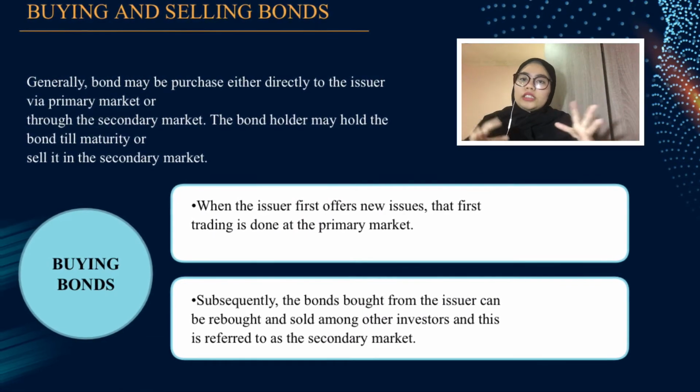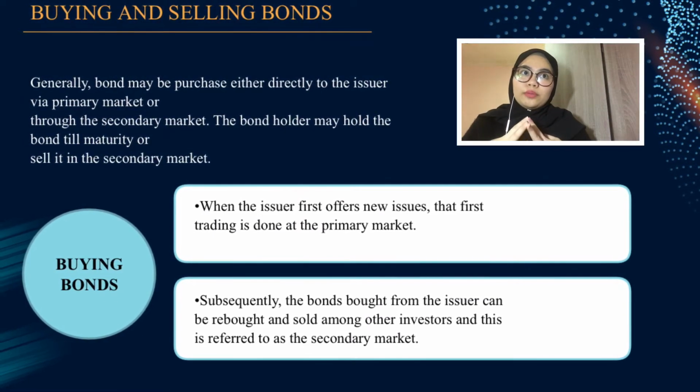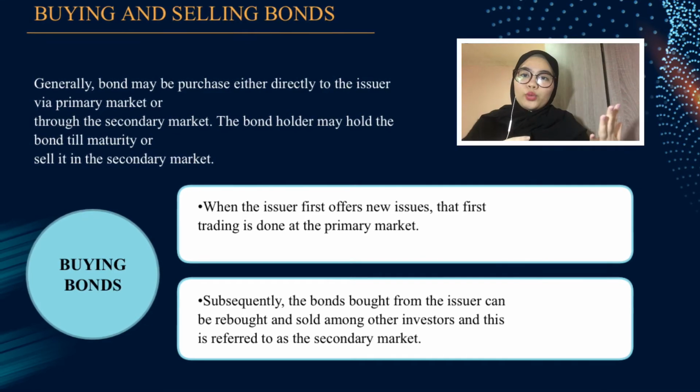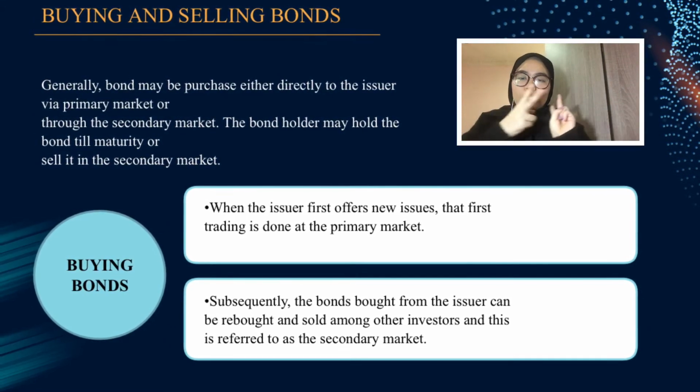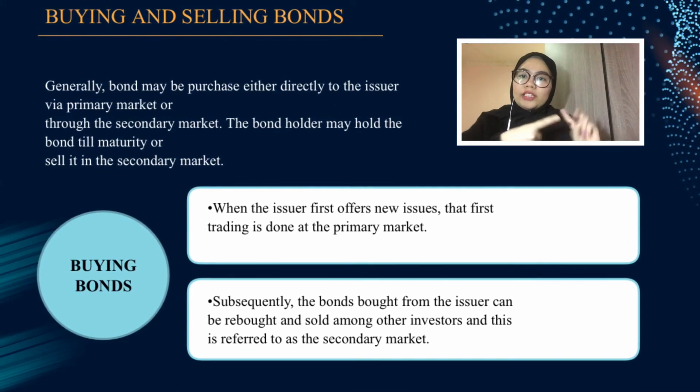Buying and selling are common terms in bonds. We can buy bonds in two markets, the primary market and the secondary market.